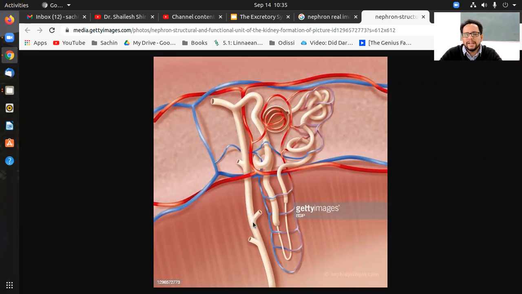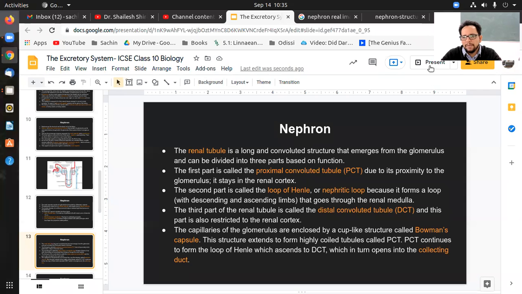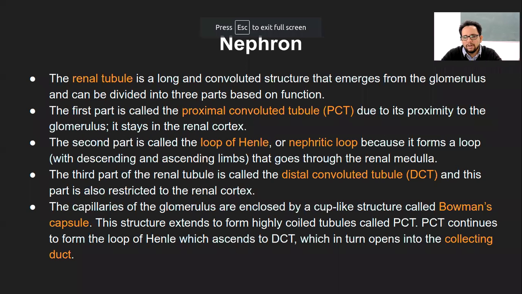These are the entry points for the end of the nephron, that is, the distal convoluted tubule will enter into the collecting duct, and that will collect all the urine or all the filtrate that is formed, and then take it to the renal pelvis area. So that is the main structure of this nephron.